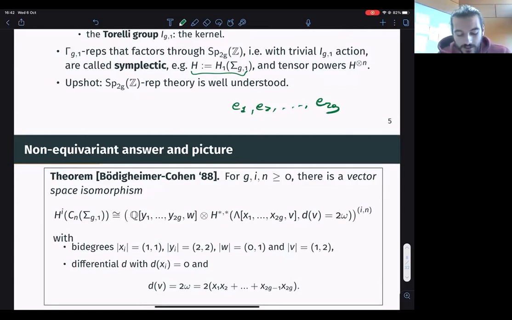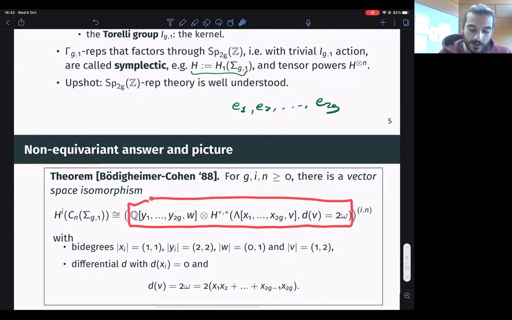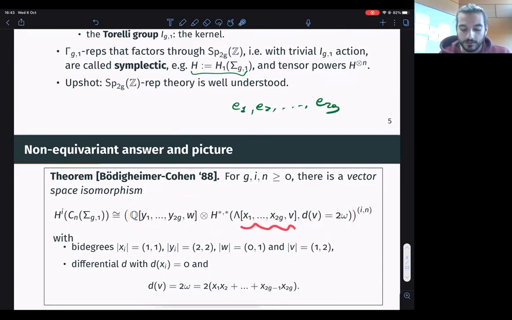And it is given in terms of this algebra here that has an exterior part generated by x_1 up to x_{2g} and an extra generator v, and there's a differential, and we take homology, and then a polynomial part here that has generators y_i's and w. And we take the (i, n) part of this algebra to find the ith cohomology of the nth configuration space.